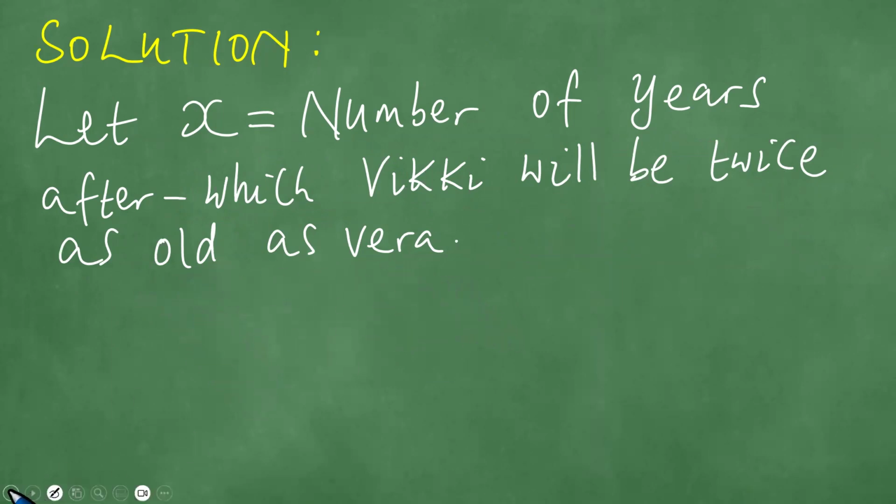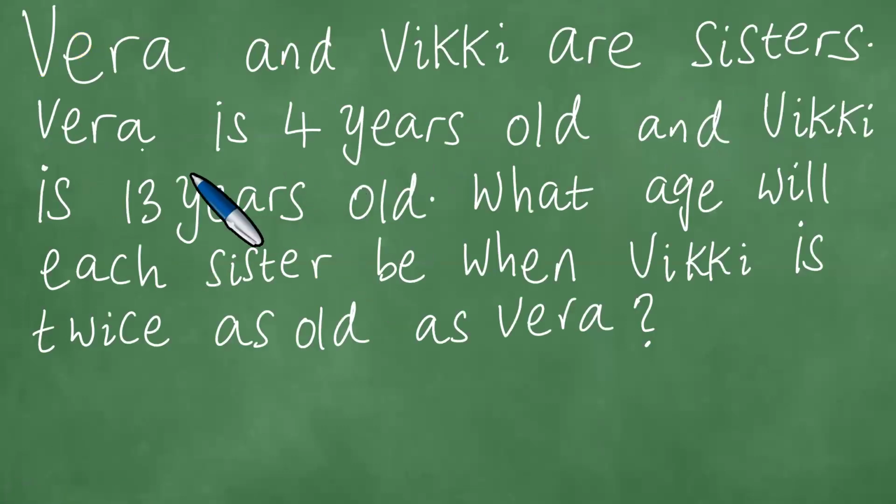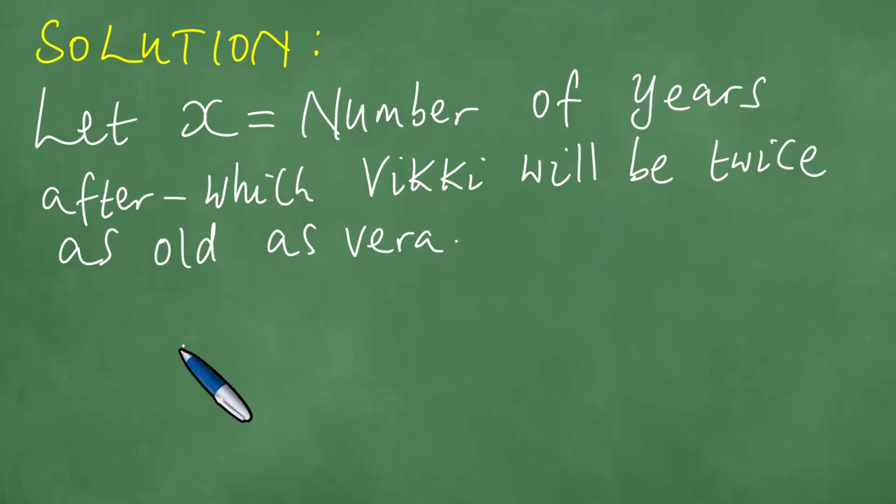Reading through the question, we're able to extract the information that Vera and Vikki are sisters, but most importantly, Vera is 4 years old and Vikki is 13 years old. What the question wants is what age each sister will be when Vikki is twice as old as Vera.